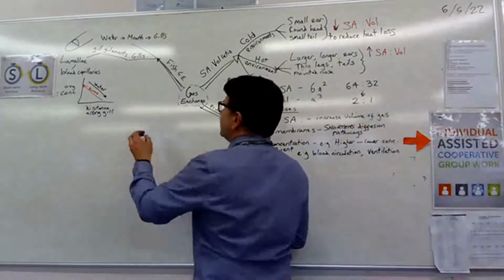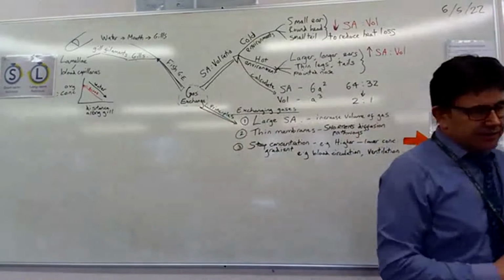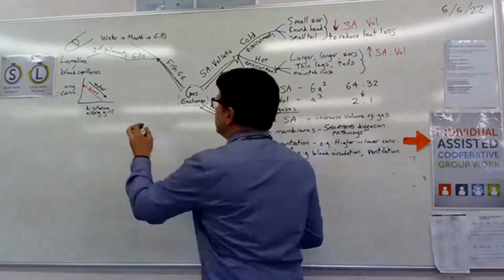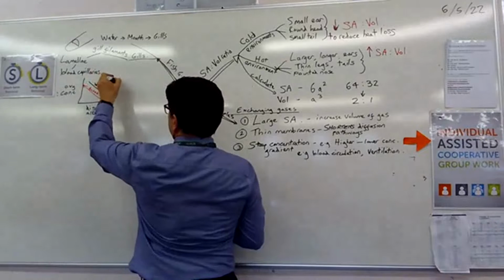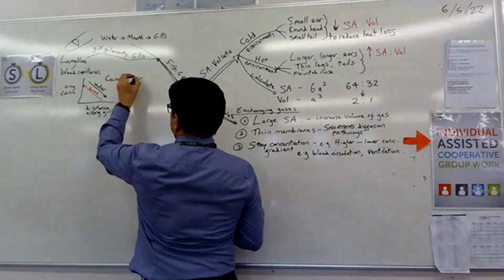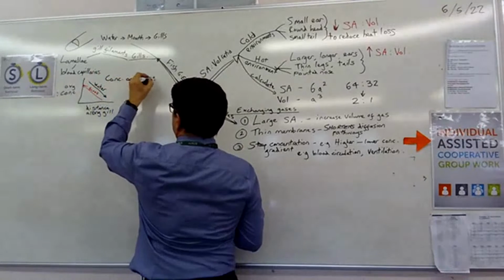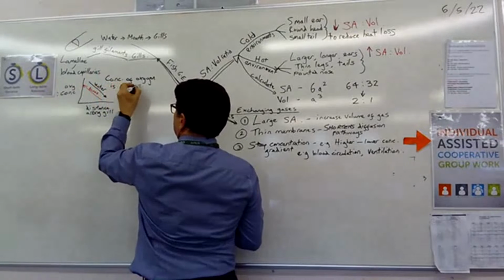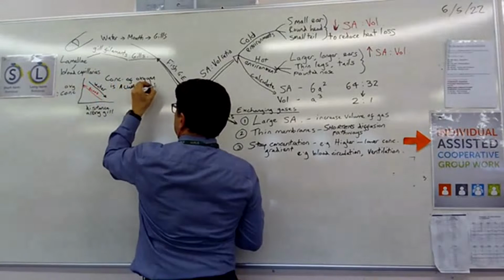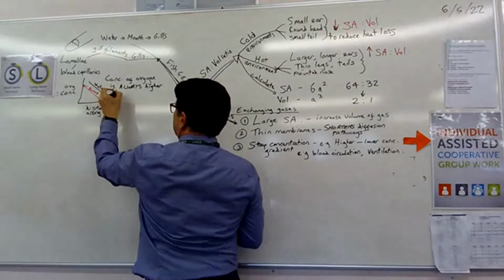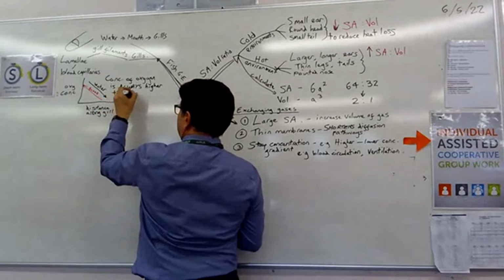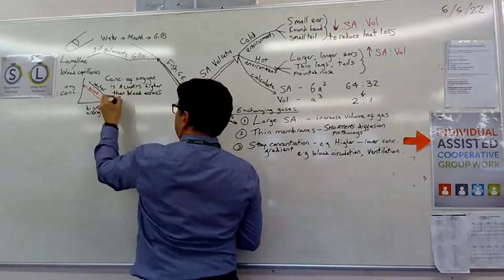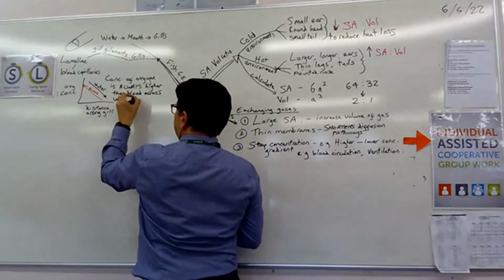So the key thing to know is the concentration of oxygen in the water is always higher than in the blood across the whole length of the gill filament.